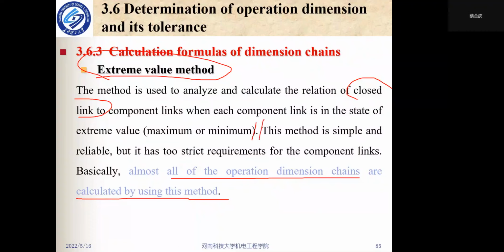It is simple and reliable, and almost all operation dimension chains are calculated using the extreme value method.